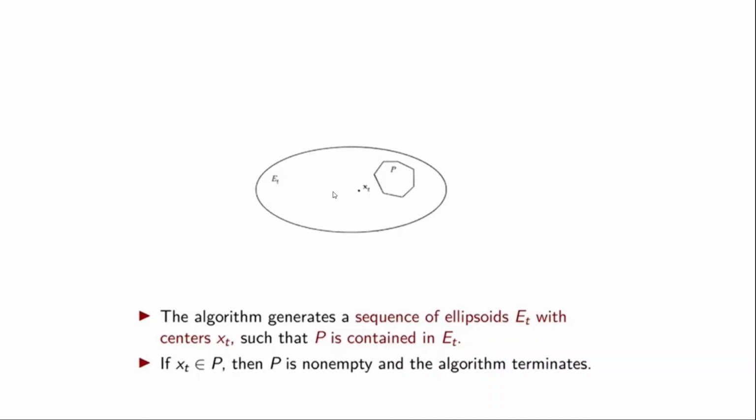If xt lies inside the polyhedron, we have proven that a point lies inside the polyhedron and hence the polyhedron is non-empty. Since that is done, our ellipsoid algorithm can terminate. Now what happens if xt is outside the polyhedron?